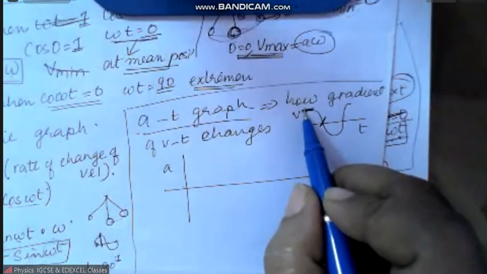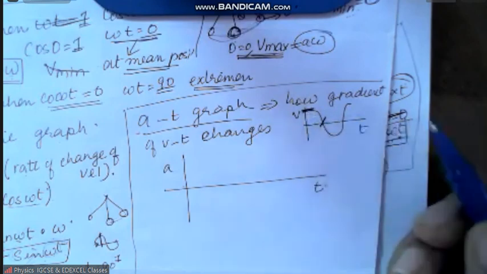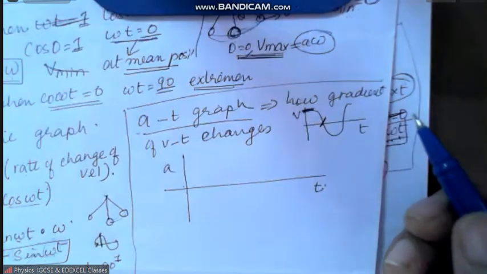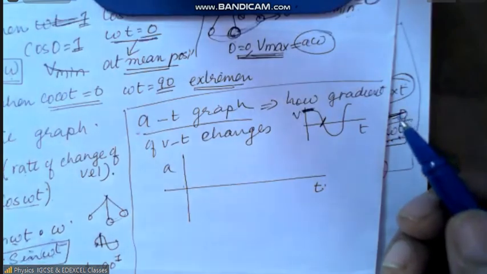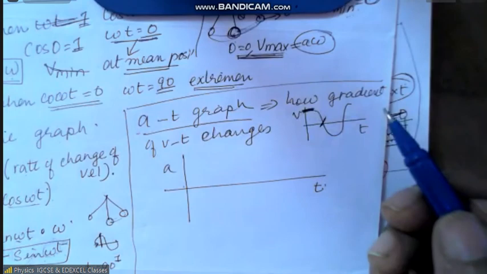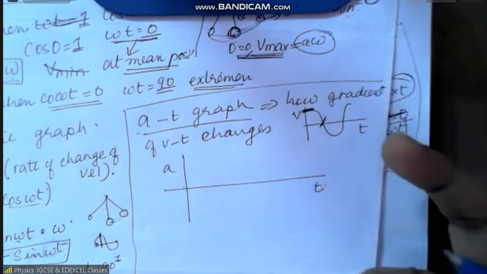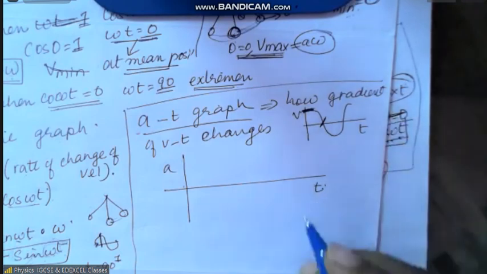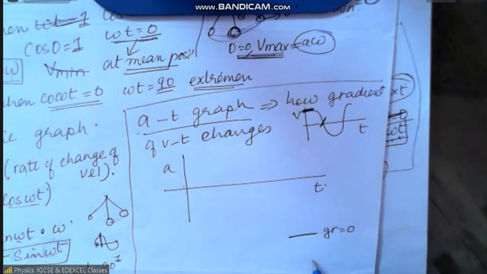What is the gradient here? How do you find out? What is gradient? Slope. A horizontal line has gradient 0. A vertical line has gradient maximum.